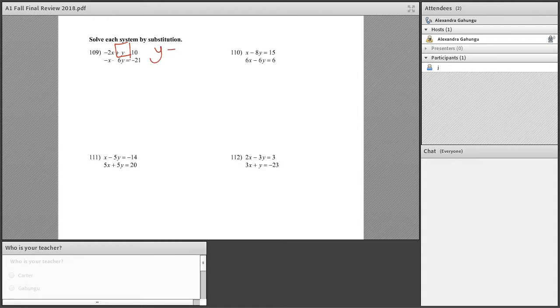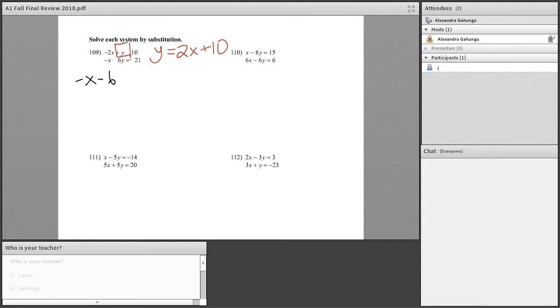So if I solve for y, I'll get positive 2x, and I'll also get plus 10 because I added 2x to both sides. All right, so then that y. So wherever I see y in the other equation, I'm going to plug in 2x plus 10. So the negative x here isn't y, so I leave it alone.